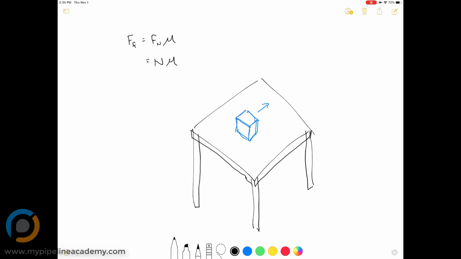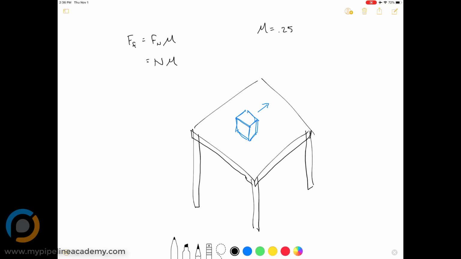All right, so we're sliding this box across our table, and let's say that we know what the materials of the table are. Maybe there's a nice smooth wood finish on the table, and the box is ABS plastic or something. And there are a lot of tables that you can look up online to understand what the coefficient of friction is for different materials. So let's say that our coefficient of friction in this situation, mu equals 0.25.